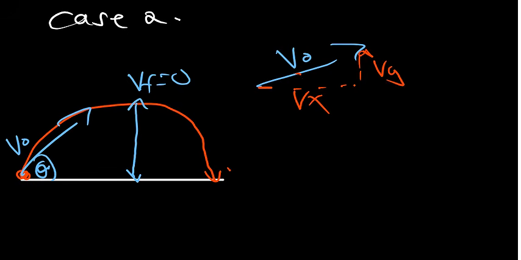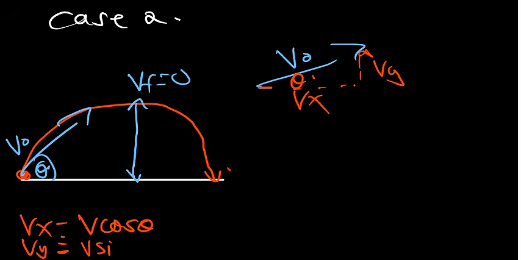Using vectors, what will vx be equal to? V cos theta. Thank you. What will vy be? V sin theta. The horizontal distance is what we are going to call the range.